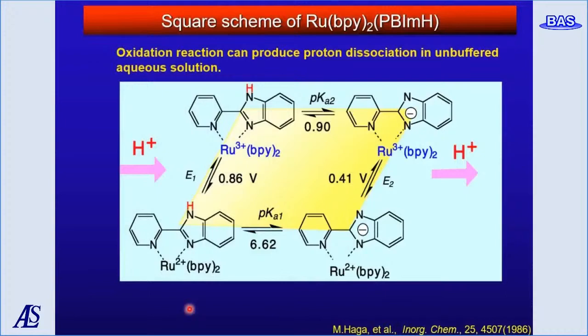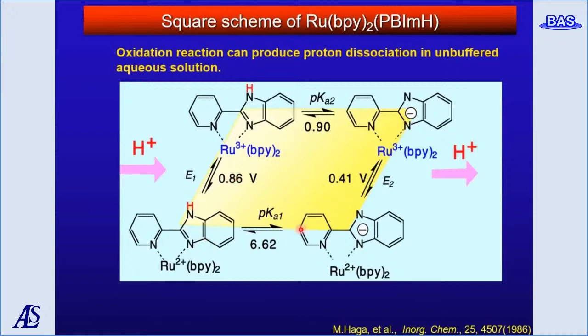From now on, I would like to introduce our work related to proton-coupled electron transfer in ruthenium compounds to help you better understand proton-coupled electron transfer. Here is the ruthenium bis-bipyridine complex containing 2-pyridyl benzimidazole, which exhibits the square scheme involving electron transfer and proton transfer.